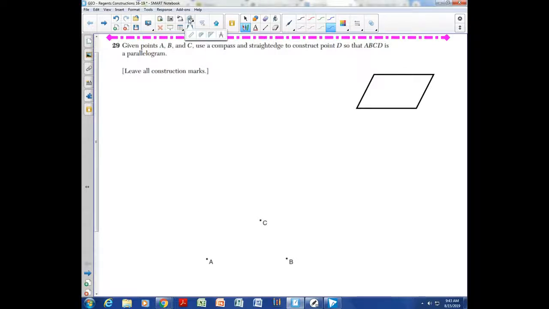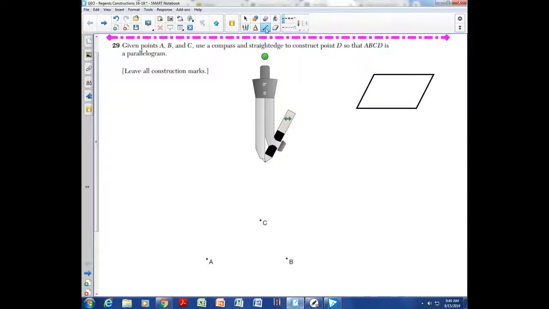Okay, so let's take out my compass, and I'm just going to use straight lines on the smartboard for the straight edge. So once you know where D needs to be, we could actually begin this construction by connecting A to B. I'll pick that up.